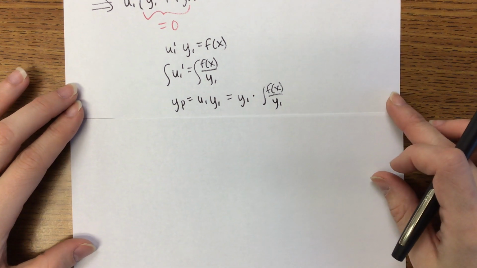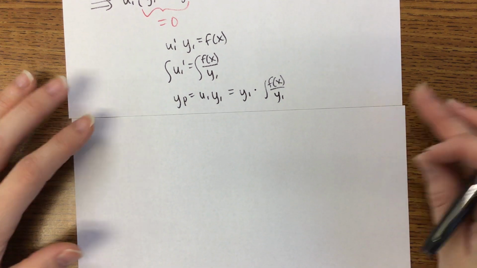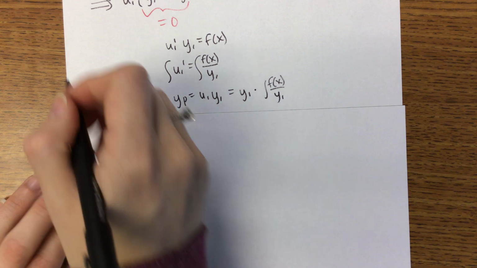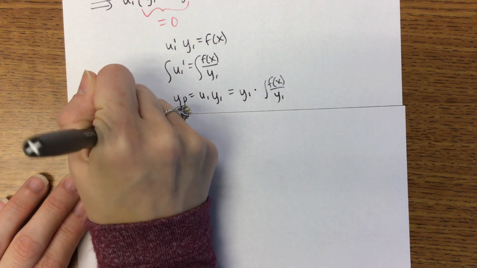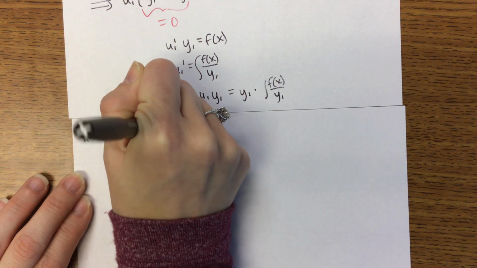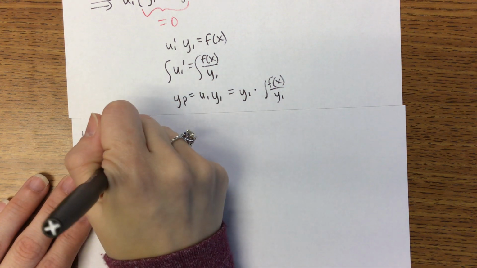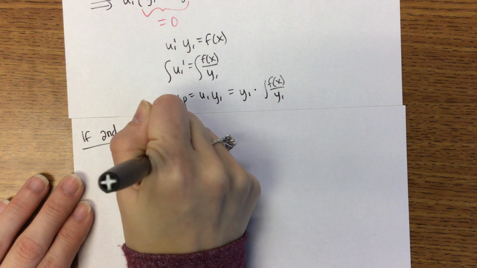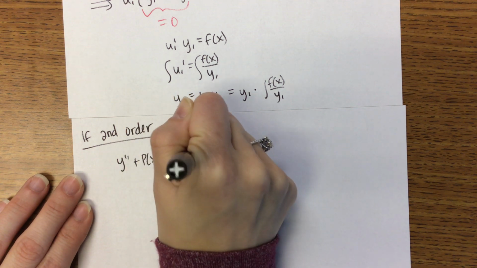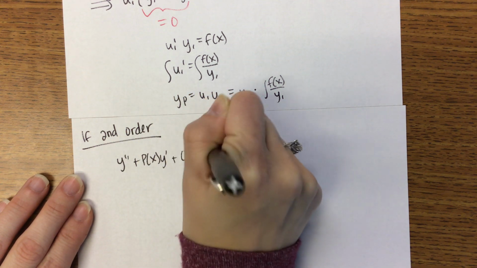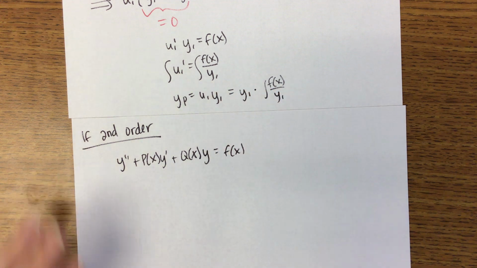I don't care a whole lot about first order; we care about higher orders. So now we're going to do a similar process for a second order differential equation. In this case, we have y double prime plus p of x y prime plus q of x times y equals f of x.